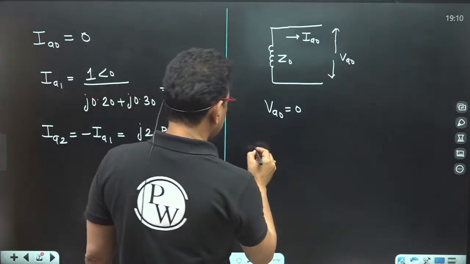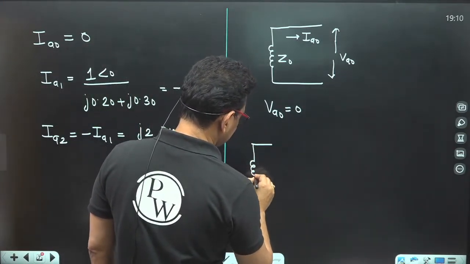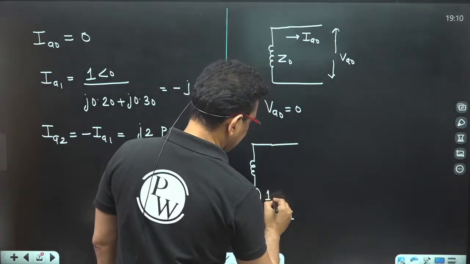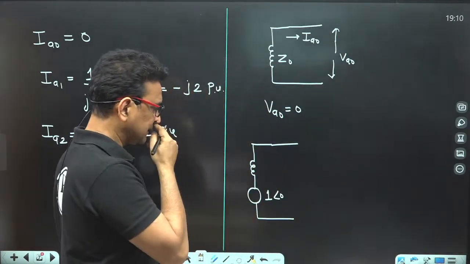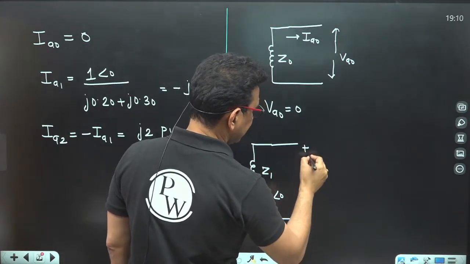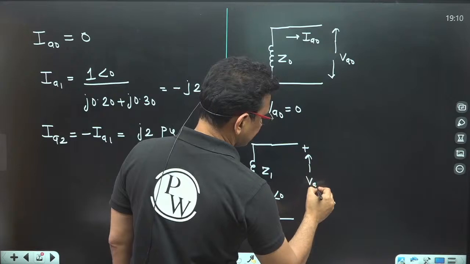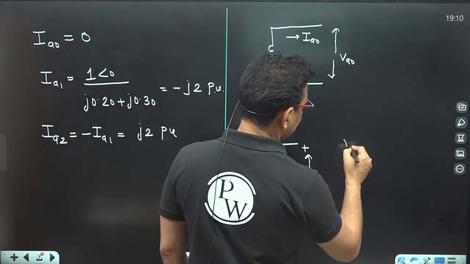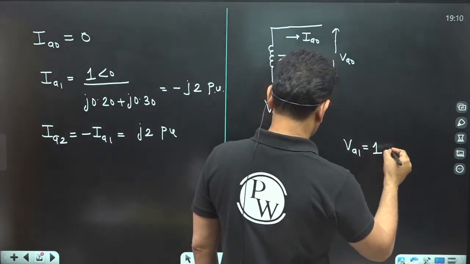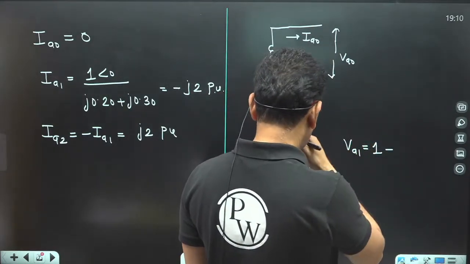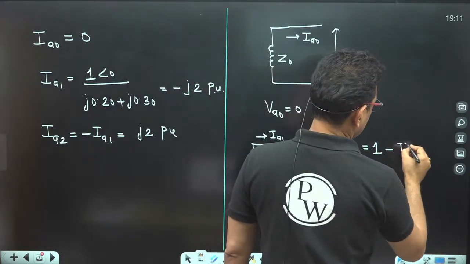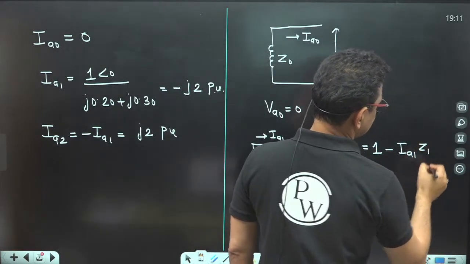Now the positive sequence. If I draw the positive sequence network, it has a source and a positive sequence impedance, and its terminal voltage is VA1. So basically, VA1 is EA, that is 1 angle 0 degree, minus the current flowing IA1 into Z1.